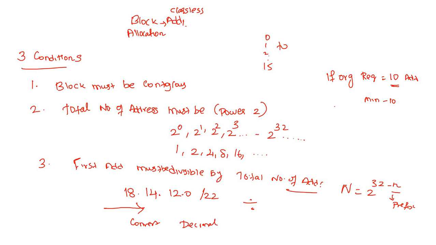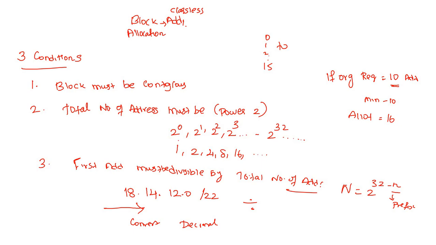The next one is 16. So the requirement is 10, but we allot 16 addresses to this organization. Whatever the requirement, first we check whether it is a power of 2. If it is, we can assign it directly. If not, we make it the next power of 2 greater than the requirement.